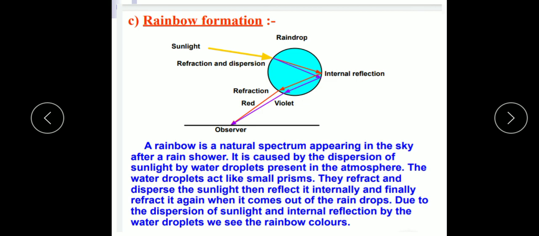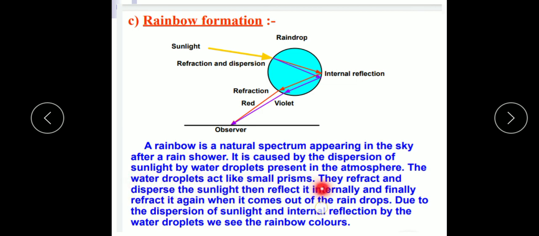So how is it caused? It is caused by the dispersion of sunlight by water droplets present in the atmosphere. That means the water droplets act like small prisms.